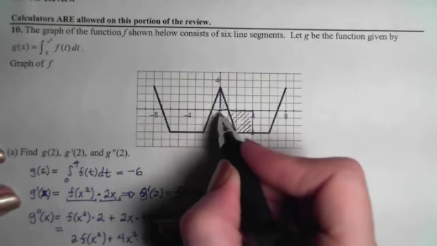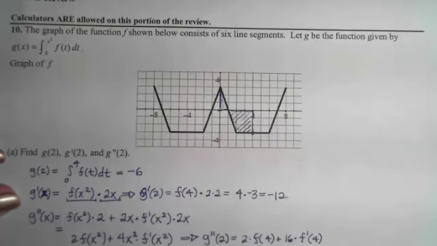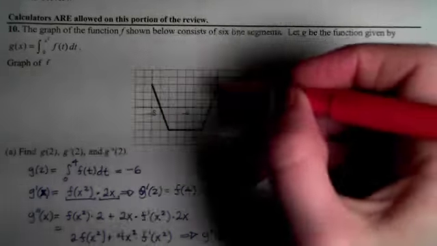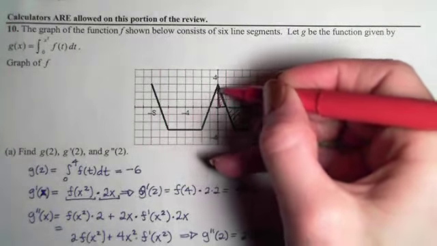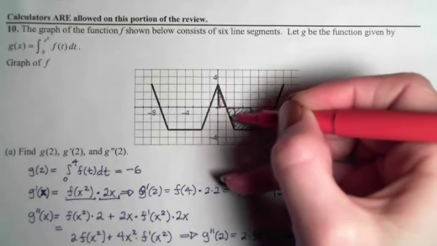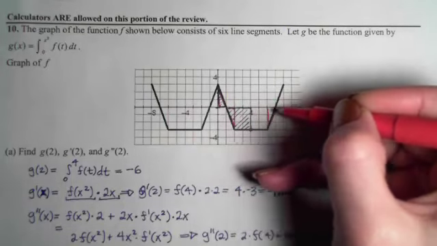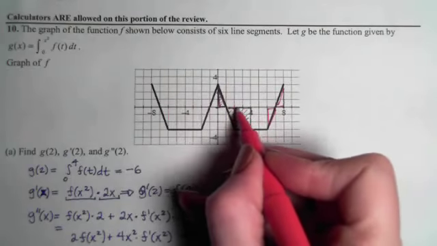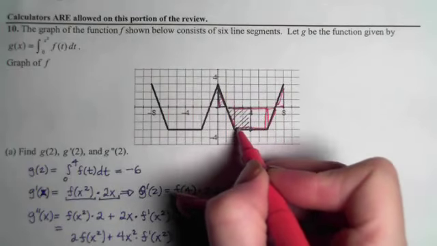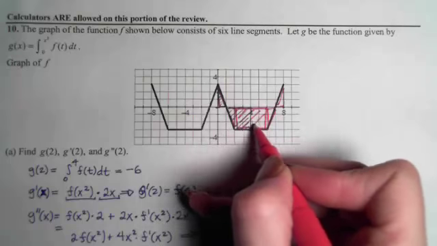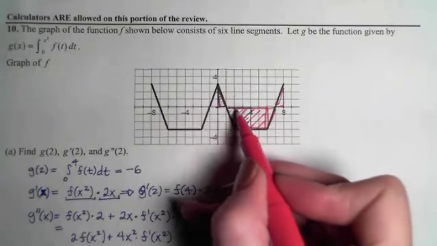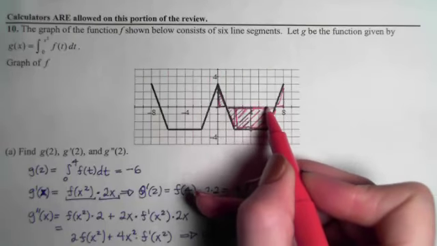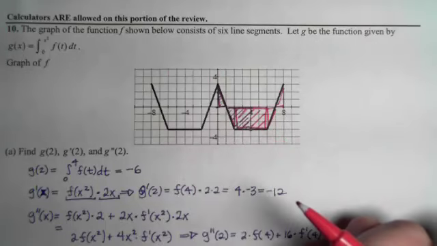If I accumulate from 0 to 8, this triangle accumulation above will cancel with this one below. Same thing with this one below and this one above. So really the accumulation that we get, if we go all the way to 8, is going to be negative 12, because we have 1, 2, 3, 4 times 1, 2, 3, and it's underneath.